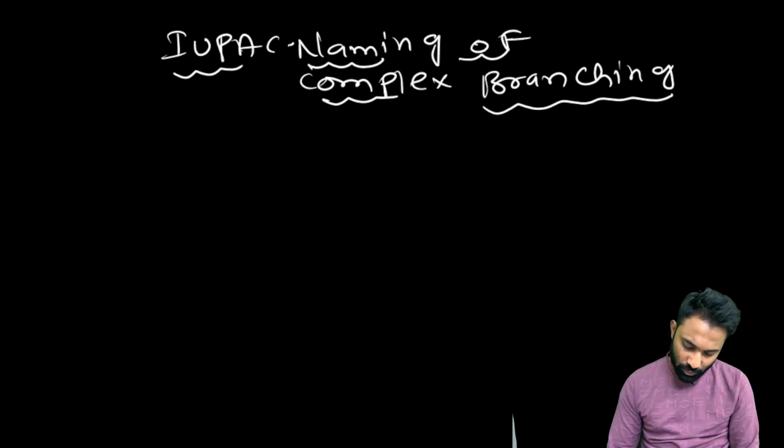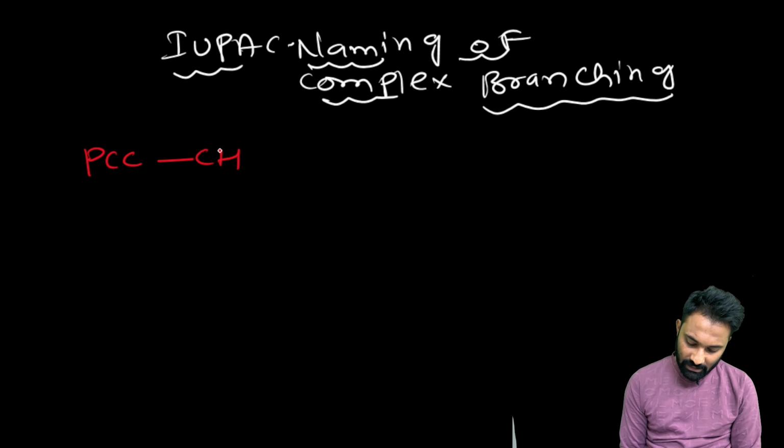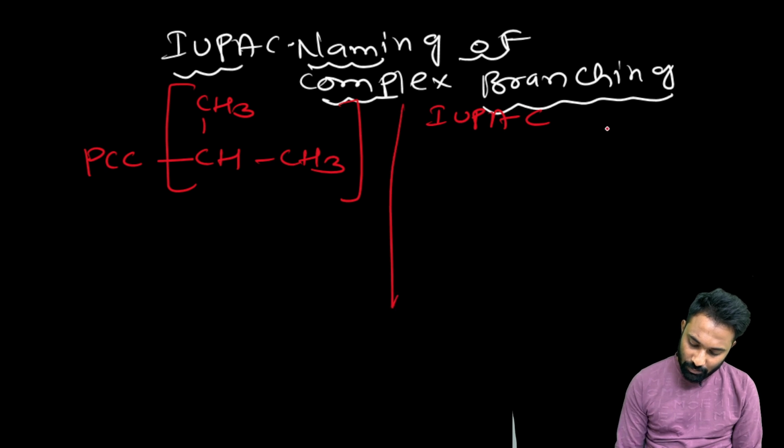See, let's suppose here the parent carbon chain is given. If this type of complex substituent is present, this is the one complex substituent. Then what is the IUPAC name for this complex substituent? First you have to identify the longest carbon chain. If you go 1 and 2, both are the same.